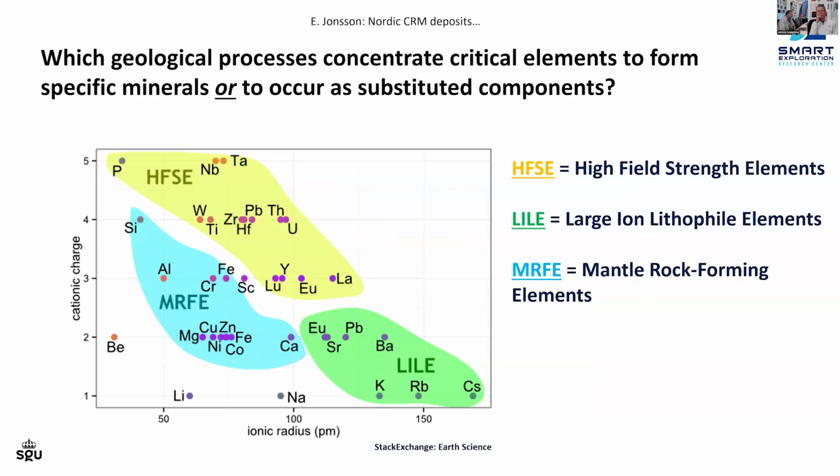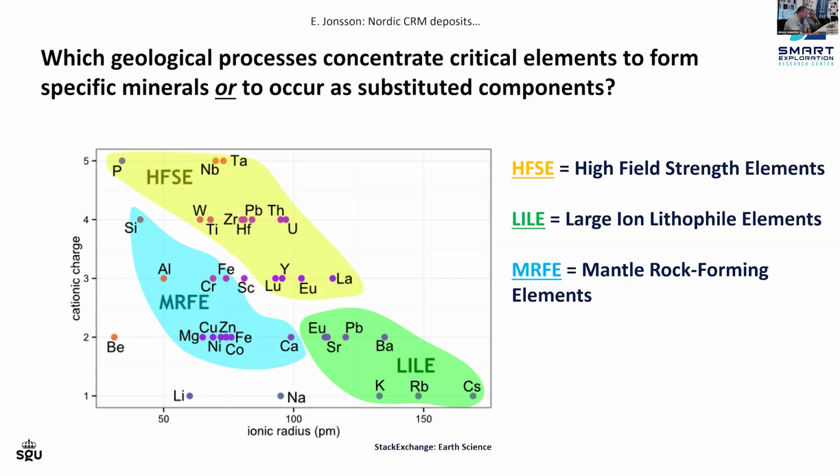Looking at some groupings of particular metals, we have, for example, here in yellow, the so-called HFSE, the high field strength elements. We have in green the large ion lithophile elements, and what could be called mantle rock forming elements, the more abundant ones, in blue.